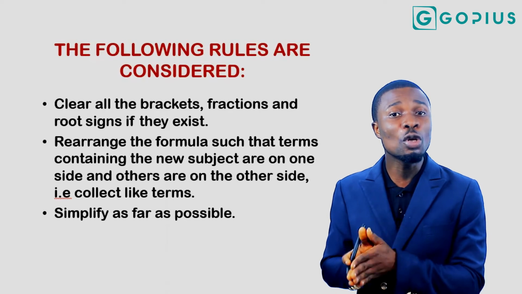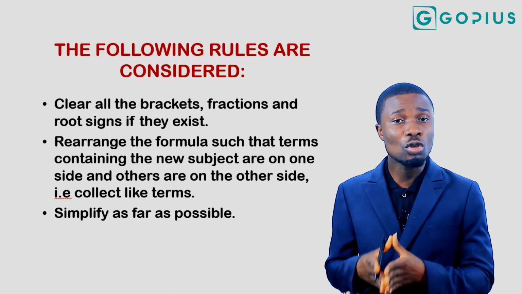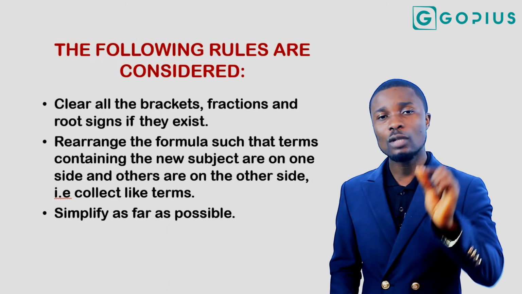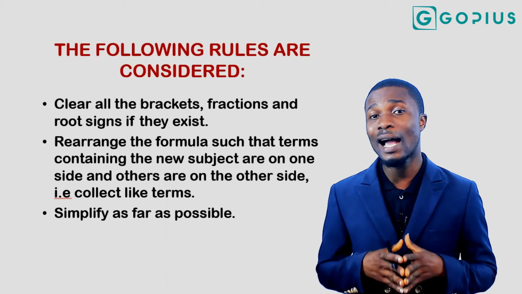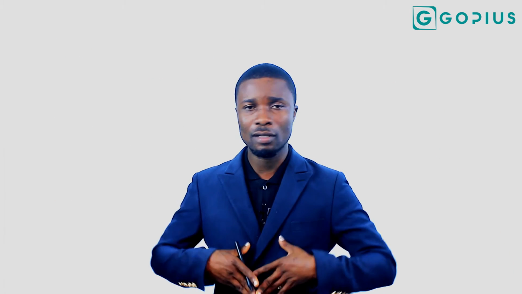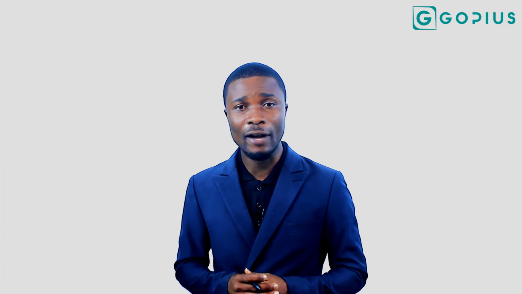Terms containing the new subject should be on one side, and the other terms that don't have the new subject should be on the other side. And finally, you have to simplify as far as possible. That is, any mathematical operation that is possible, you need to be able to simplify the resulting expression you have left. Alright, so on the screen we take an example.